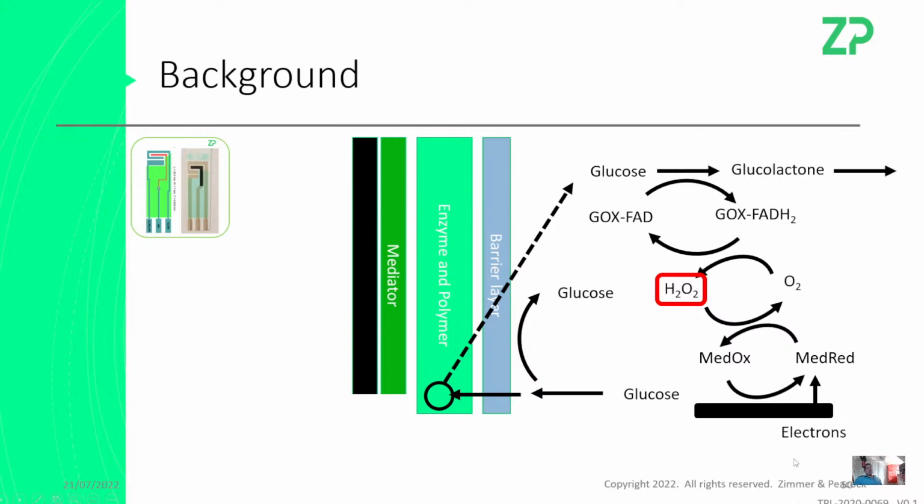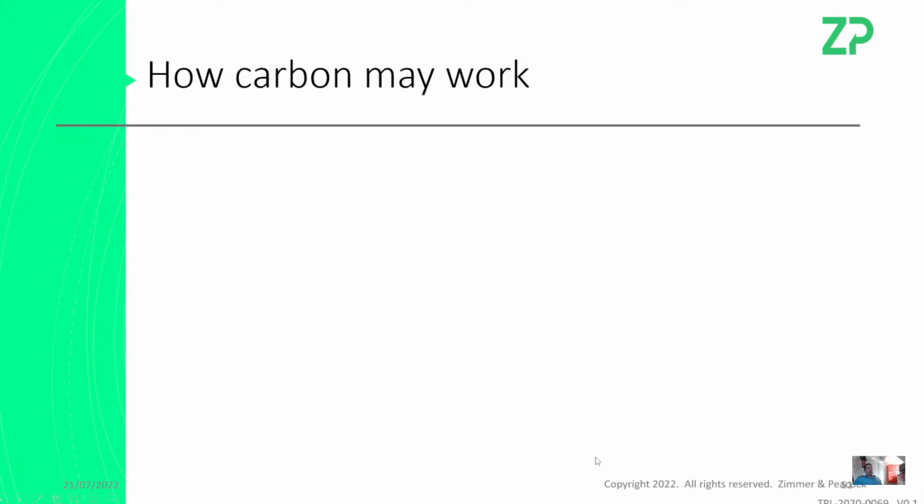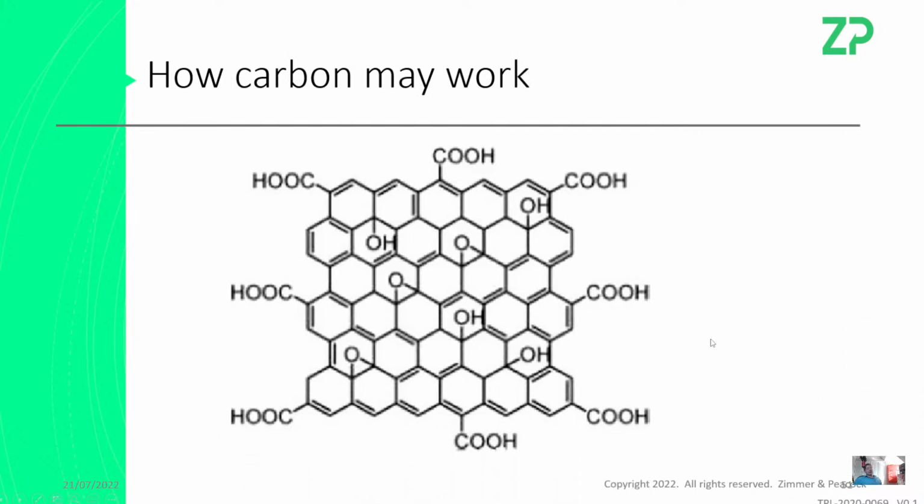Now, if you don't have a mediator present, then I would expect that electrode to be gold or platinum, but they said it was carbon, so it tells me that they're probably using a mediator. If they're not using a mediator, then it sounds like the carbon they're using has an oxidized surface, and these oxidized groups can be kind of redox centers, and these can interact with hydrogen peroxide.